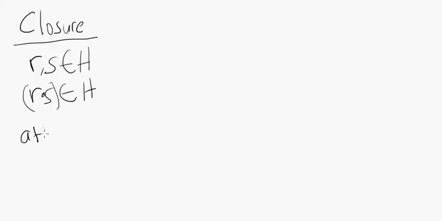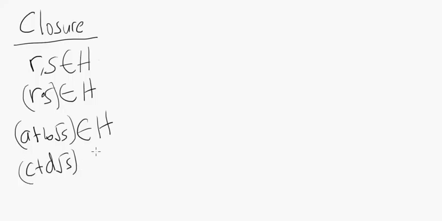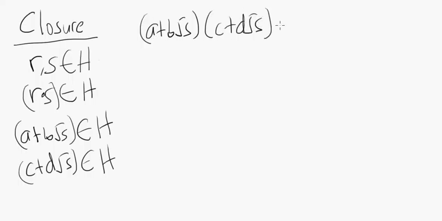Let a plus b root 5 be an arbitrarily picked element of H, and let c plus d root 5 be another arbitrarily picked element of H. Our task is to prove that a plus b root 5 times c plus d root 5 is actually an element of H. Well, let's actually expand this thing.